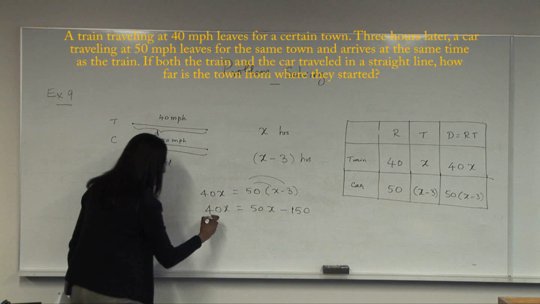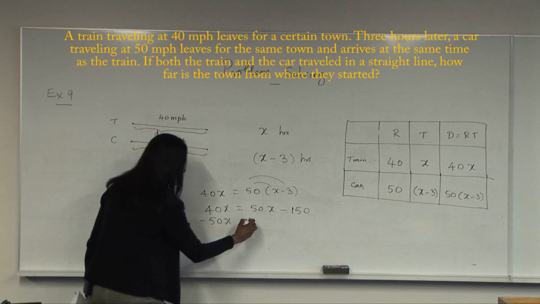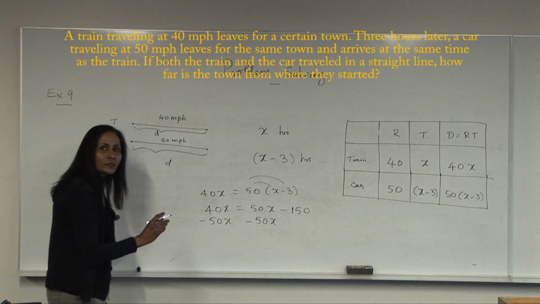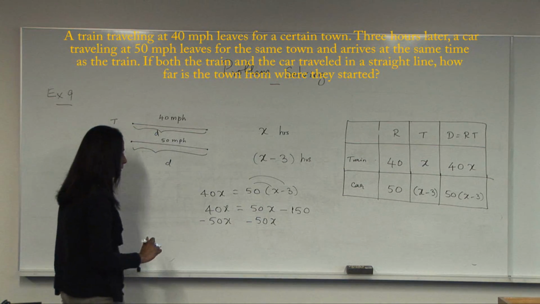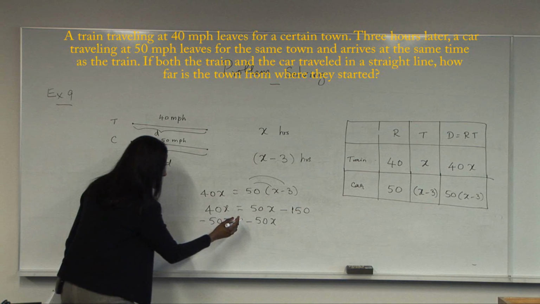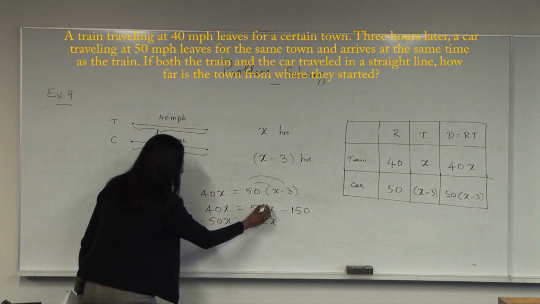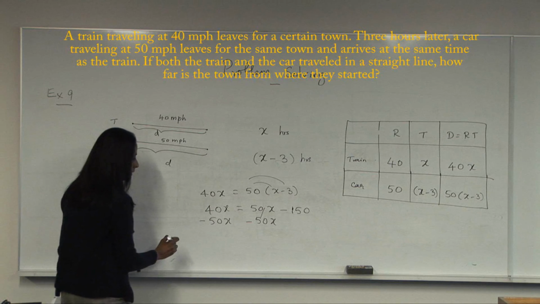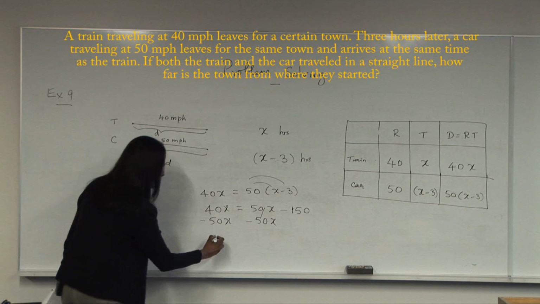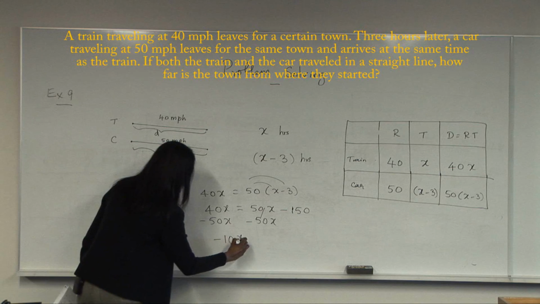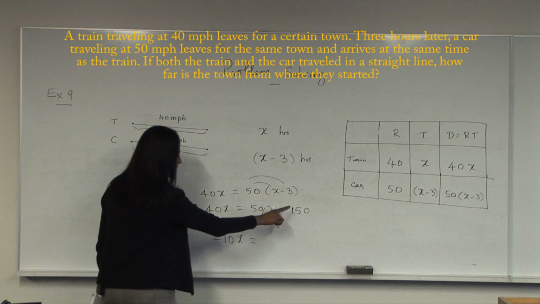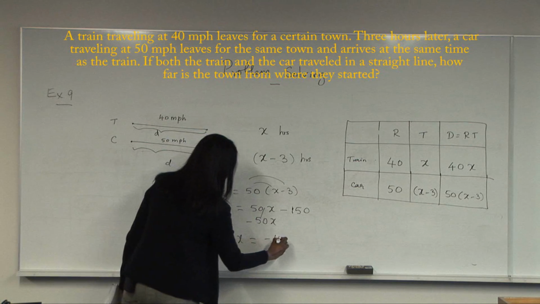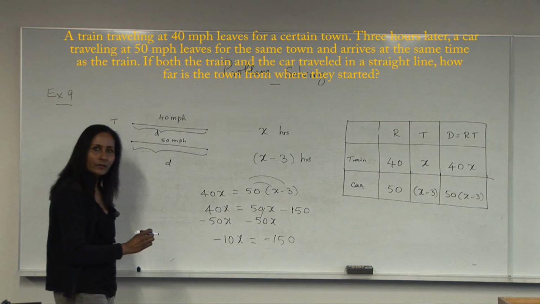Let's subtract 50x here, so that the constant will be there. It doesn't matter how you do it, as long as you do it right, you'll get the same correct answer. So now we subtracted 50x from both sides: 40x minus 50x is negative 10x, equal to, what do we have here? These two cancelled out, so this one would be negative 150.